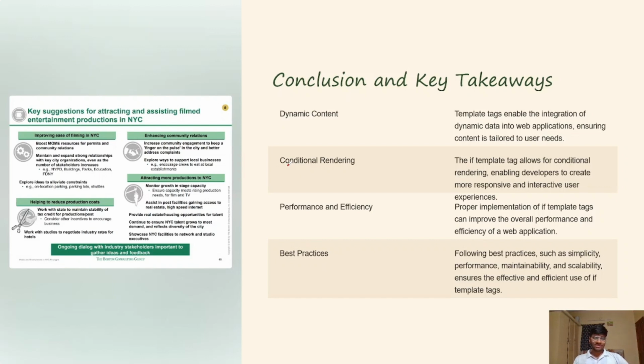Then the performance and efficiency: the proper implementation of if template tags can improve the overall performance and efficiency of a web application. The best practices are the following: simplicity, performance, maintainability and scalability, which ensure the effective and efficient use of if template tags.